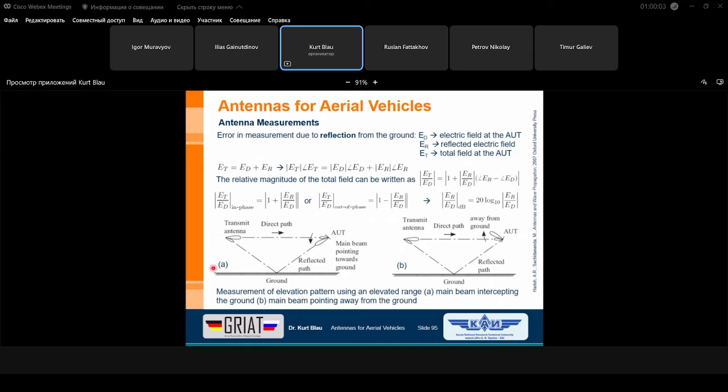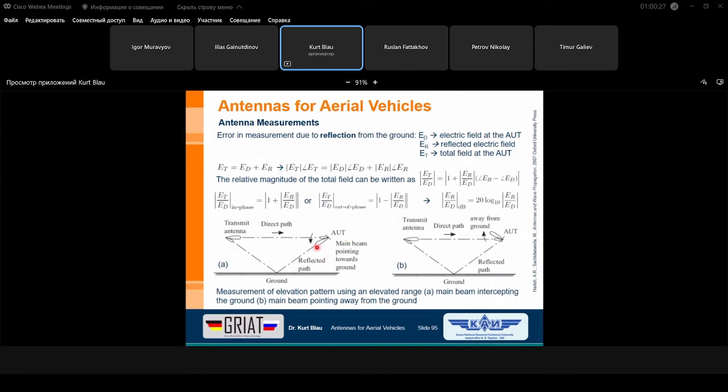Another problem that we can have in case of measurement is the elevation angle. As you can see here, it's our transmit antenna, the direct path. Here we have the reflection as discussed all the time, and then we rotate our antenna under test in the elevation measurement plane.